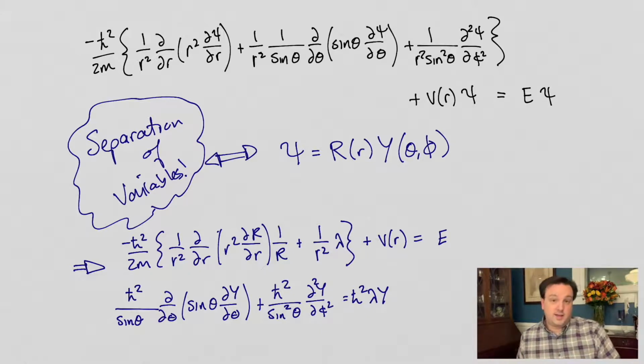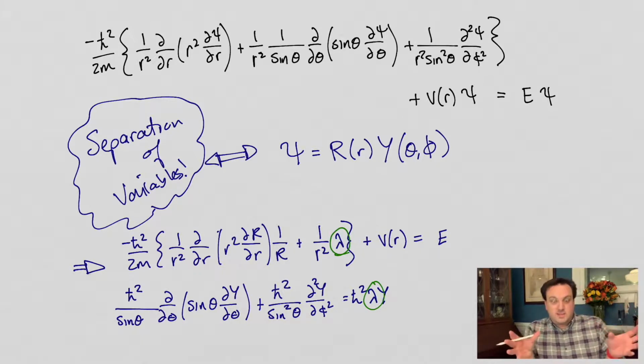Only the Y gets trapped inside angular derivatives. And therefore, there's a whole bunch of terms that only depend on angles. And those terms that depend on angles, I'm representing by this lambda here, which is basically taking all of those terms that depend on angles and moving them into their own equation.